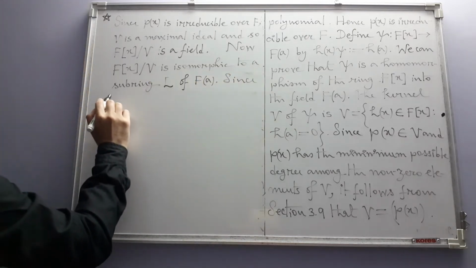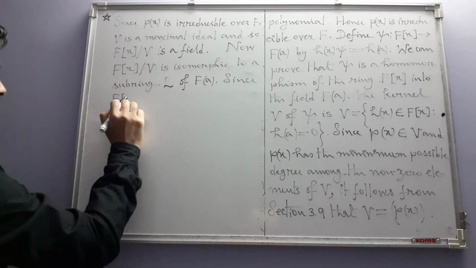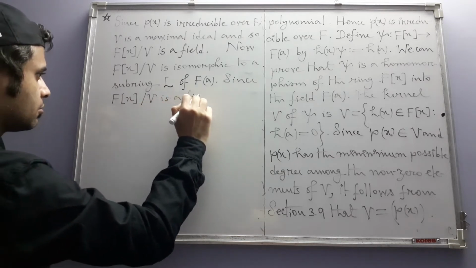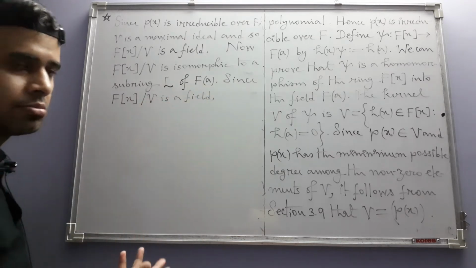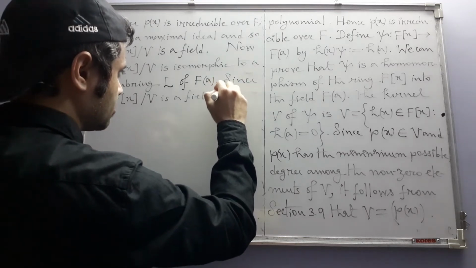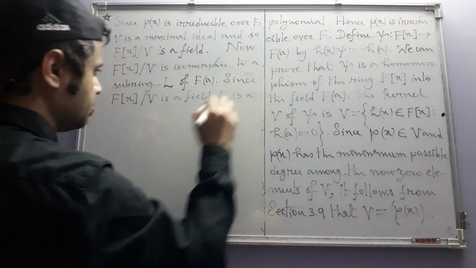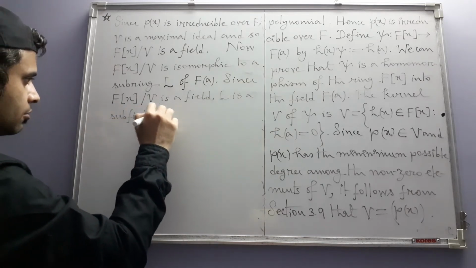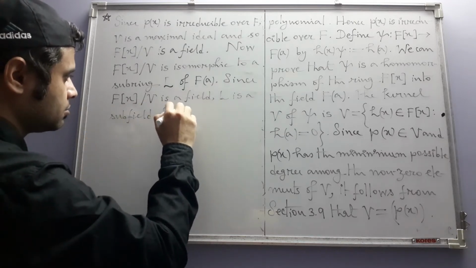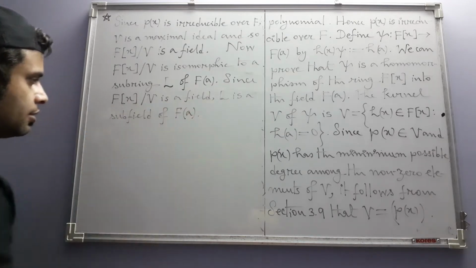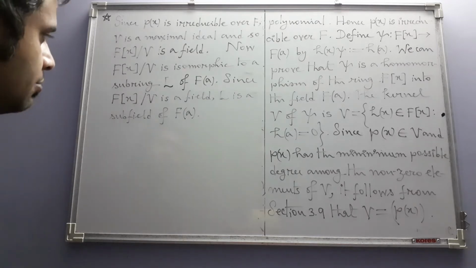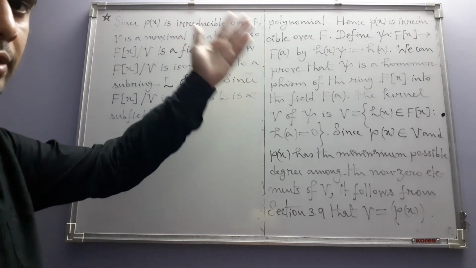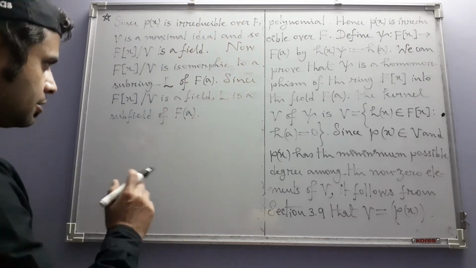Since this is a field, L also has to be a field. So that means L is a subfield of F(a). That means L is contained in F(a), and as such L is also a subfield of the largest field in discussion, that is K.